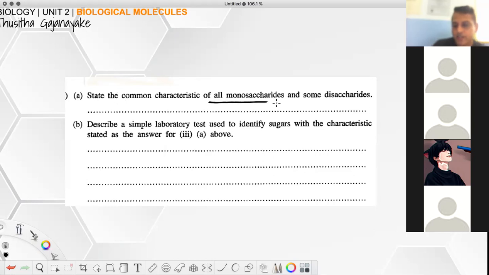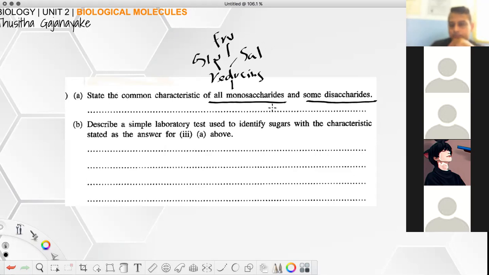All monosaccharides, I said, are glucose, fructose and galactose. The three of them are reducing sugars: glucose, galactose, fructose. And here some disaccharides.